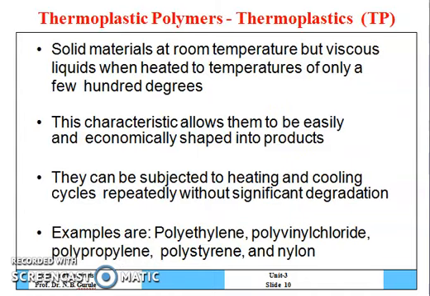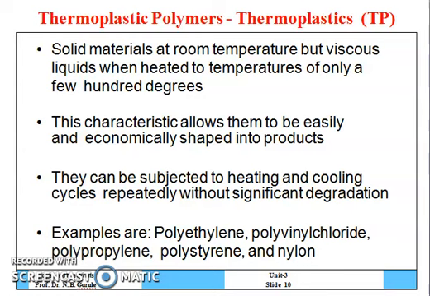Now thermoplastic polymers are also called TP, that means thermoplastics. Some thermoplastics are solid materials at room temperature, but they are viscous or liquid at temperatures above a certain 100 degrees. These characteristics allow them to be easily and economically shaped into useful products.